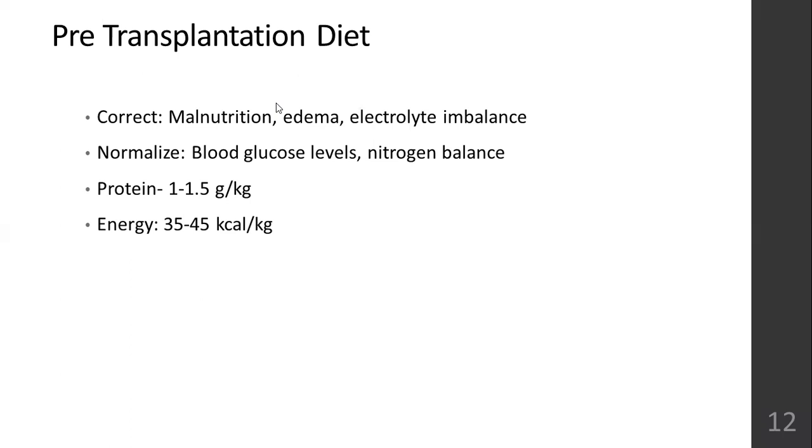Animal sources of protein are naturally high in fat. Vegetable sources of protein are not that high in fat. The patient has to be on a fat restricted diet as well. That is the reason why we do not prefer a lot of animal protein.